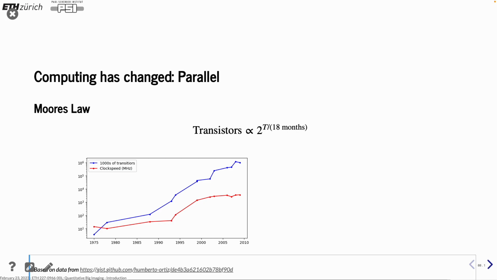You can see that the number of transistors always increases, but the clock speed at some point stays at 3-4 gigahertz. And actually it doesn't go beyond that, because then we play with the light speed more or less. So it's not possible to go beyond that clock speed, but the number of transistors can always increase, and that gives us our multi-core CPUs, which we all have nowadays.